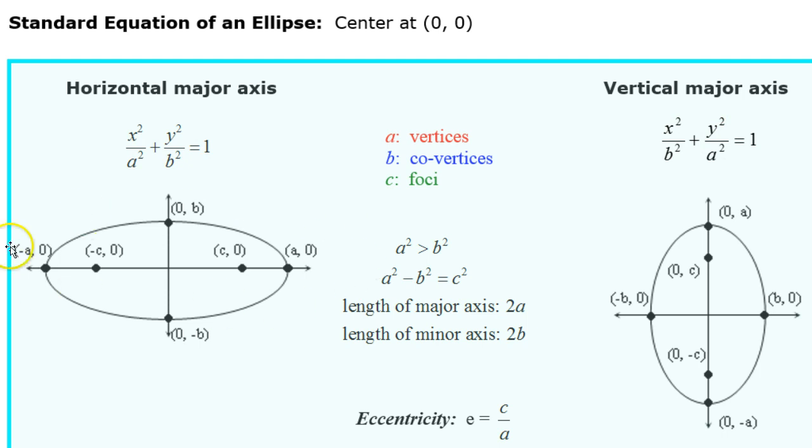Sometimes an ellipse is stretched out horizontally, and sometimes it is stretched vertically, so the equation will change a little bit. You will know that it's a horizontal ellipse if the bigger number is with the x, and a vertical ellipse if the bigger number is with the y.